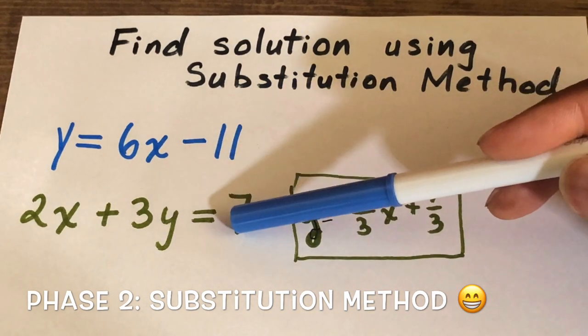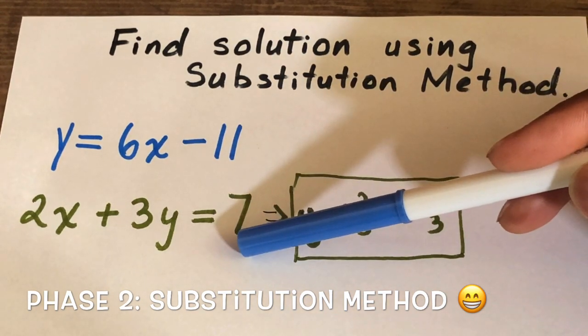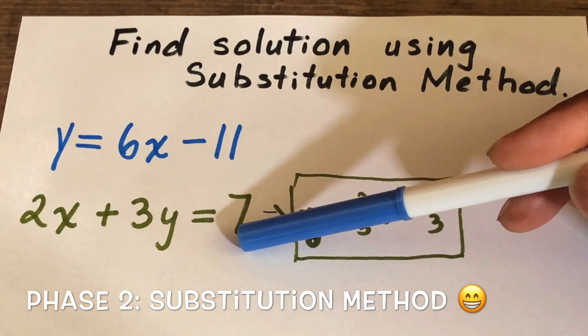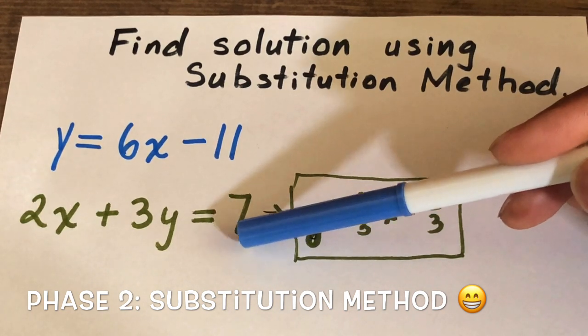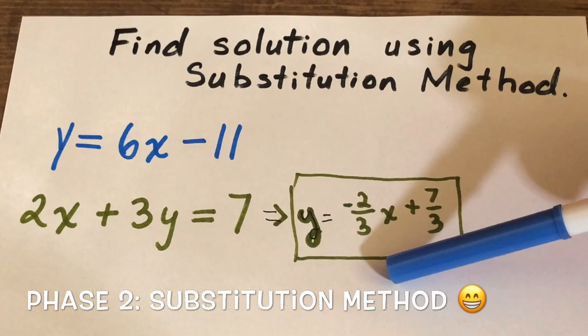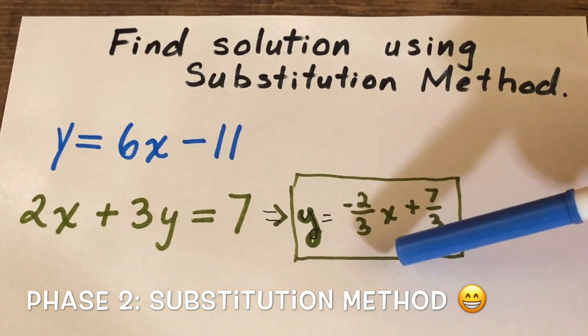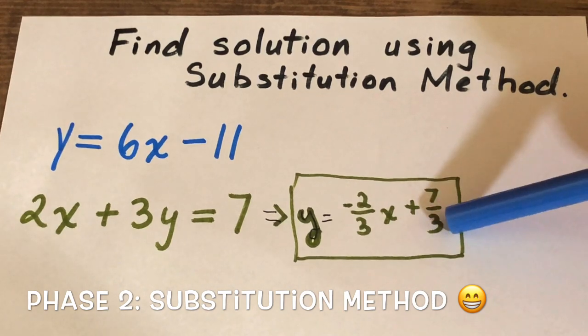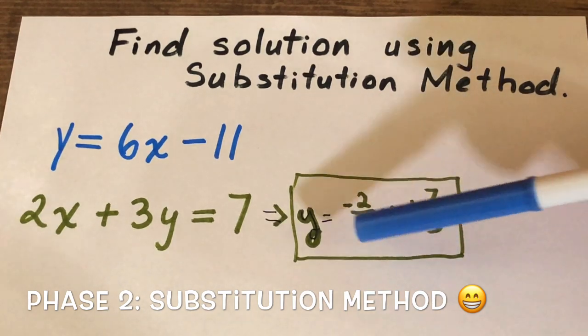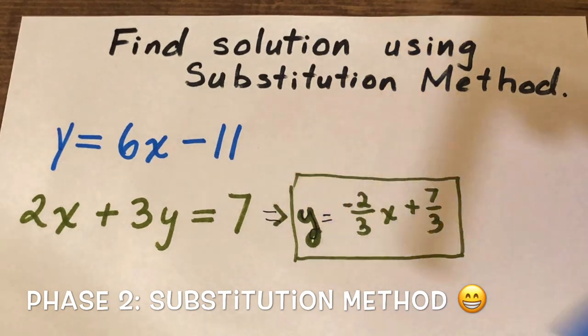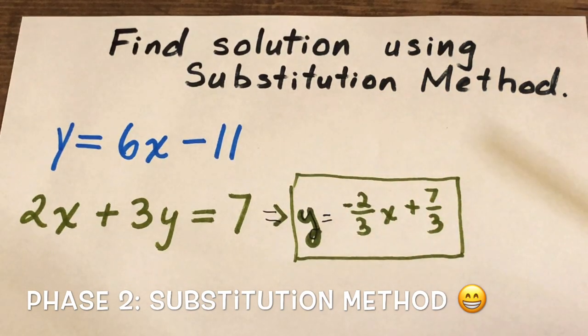But this equation, 2x plus 3y equals 7, is not in that form. In fact, if you did have to put it in that form, it would look something like this: y is equal to negative 2/3 times x plus 7/3. And this is a bit much to do, or to even put on the graph. So what we're going to do is use the substitution method.